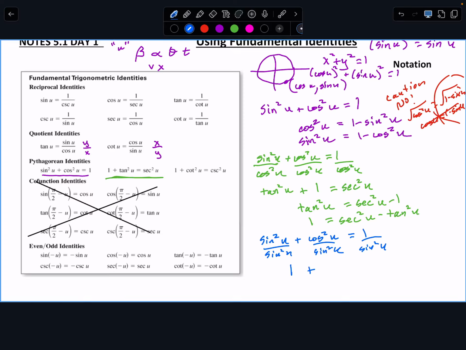And cosine over sine, it's your x over your y, it's your cotangent squared, excuse me. And the reciprocal of sine starts with an s. Its reciprocal is cosecant squared. And that gets you your third Pythagorean identity.